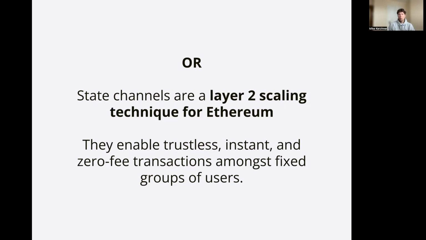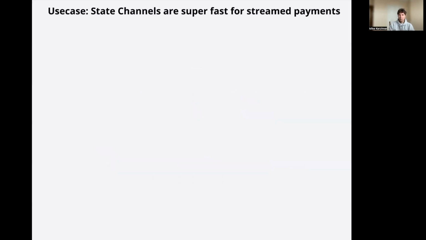The big strength of state channels is that instant and zero-fee part. State channels can be constructed so that participants interact at the speed of the network, and there's really no transaction cost for updating state in the state channel.